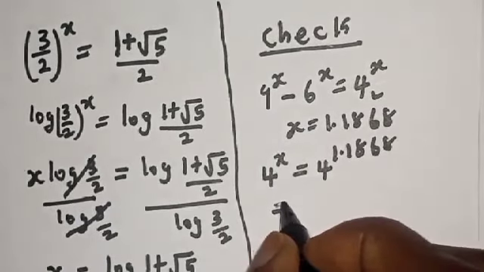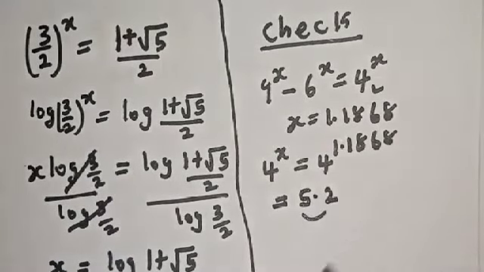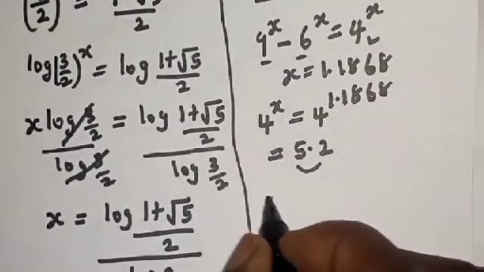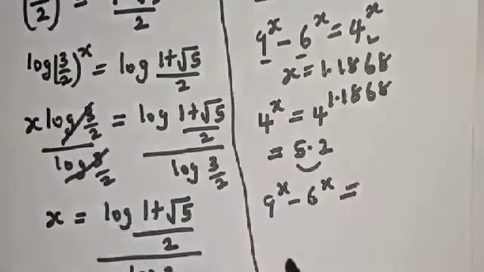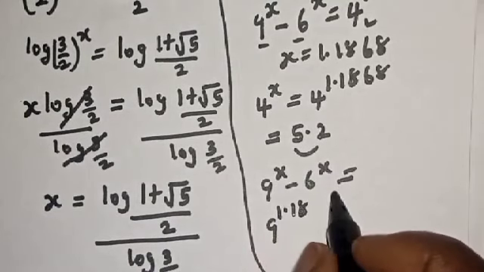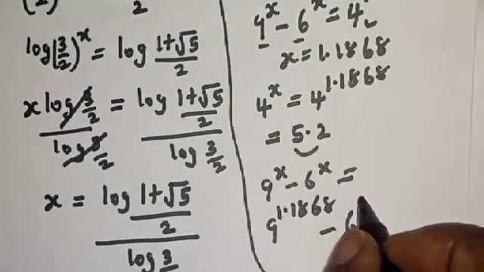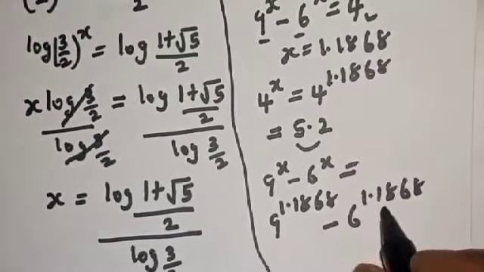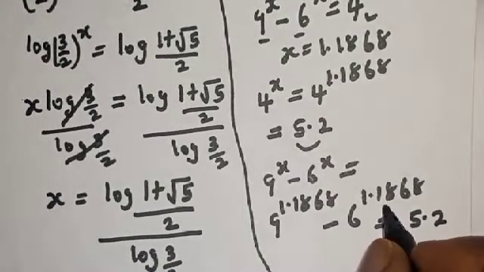Then this is equal to 5.2. Then let's work with this again. We have 9 raised to power x minus 6 raised to power x. This is equal to 9 raised to power 1.1868 minus 6 raised to power 1.1868, which must be equal to 5.2.